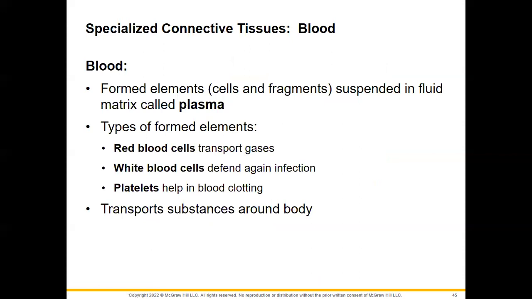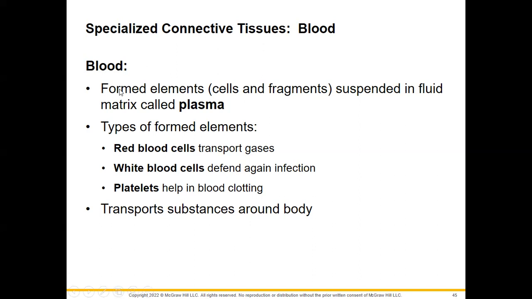Next specialized connective tissue is blood. Now, we just saw this most solid type of connective tissue, which is bone. The most liquid type of connective tissue is going to be blood. Blood has two main components. You have your formed elements and your fluid matrix.